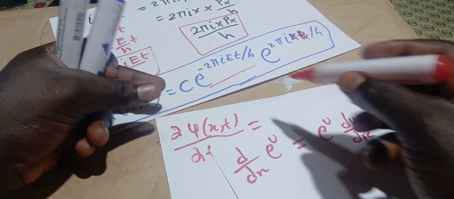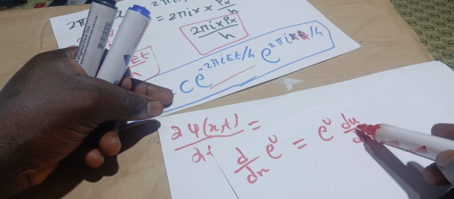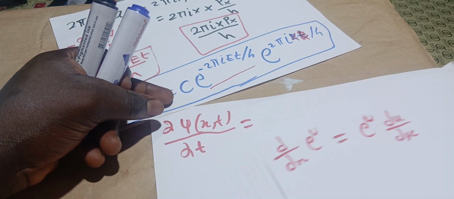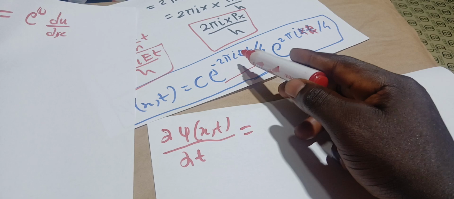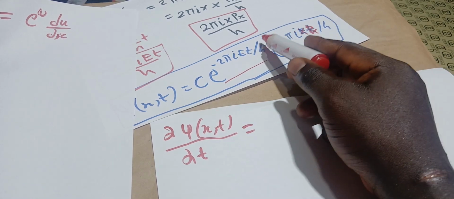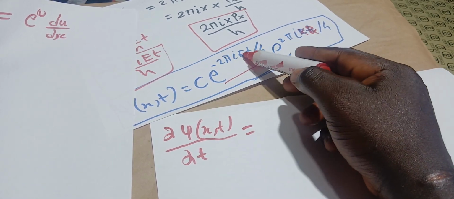It means we are going to multiply the whole term by the derivative of the power, right? So initially, we have to find the derivative of the power.